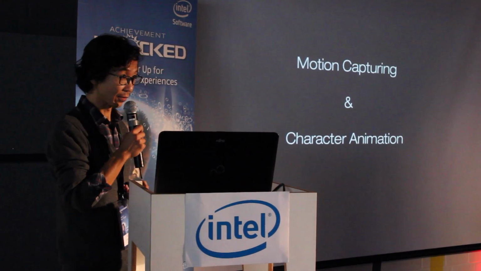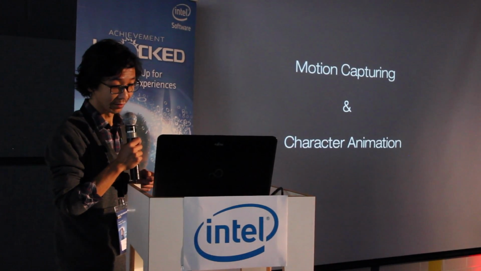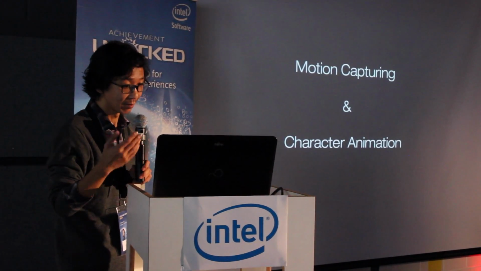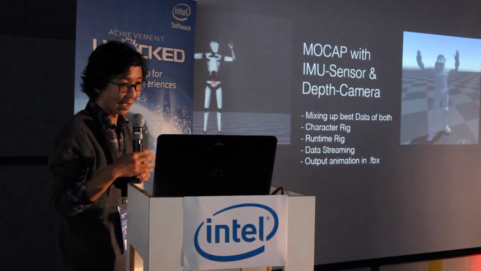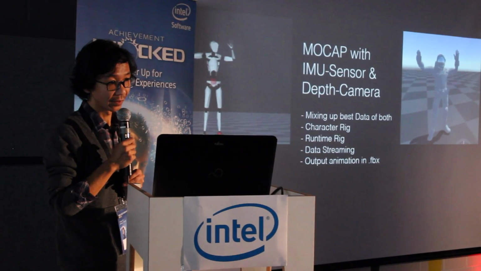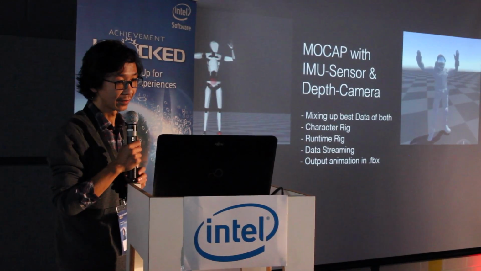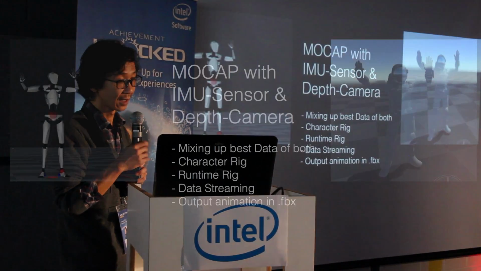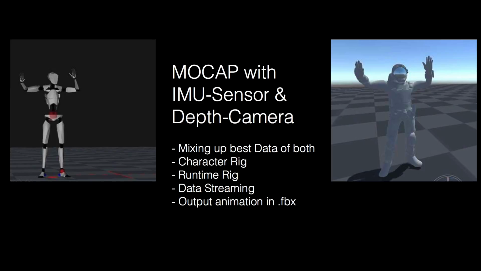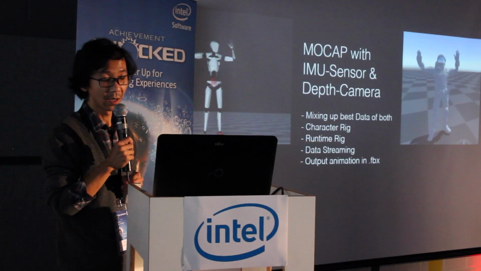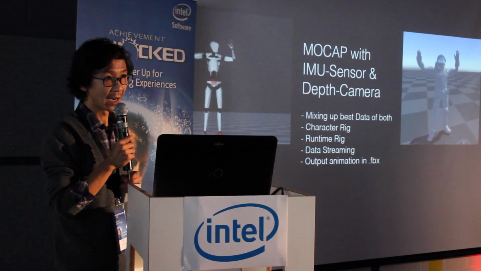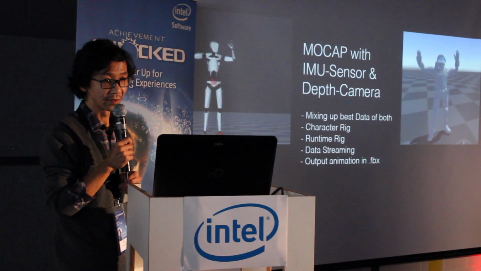There are different motion capturing methods, and I will introduce the more classical one. We just reduce motion to a few points. In our case, to capture full body motion, you need 18 sensors. We have an in-house tool which combines two different systems.